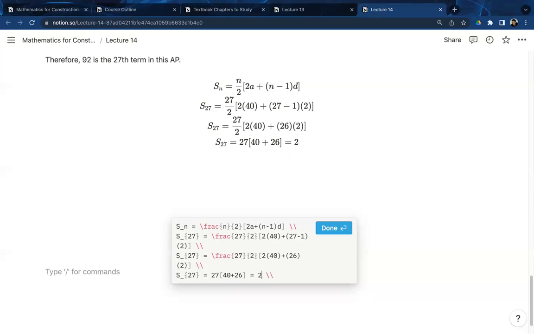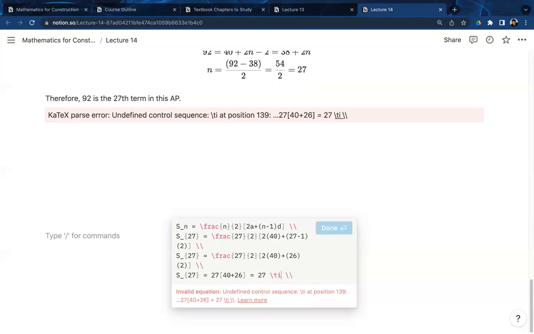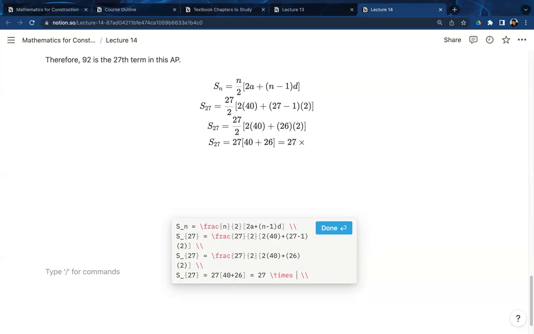That's 27 times 66. I know at this point, you could use a calculator.